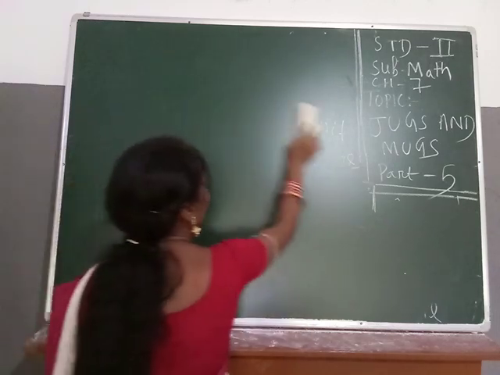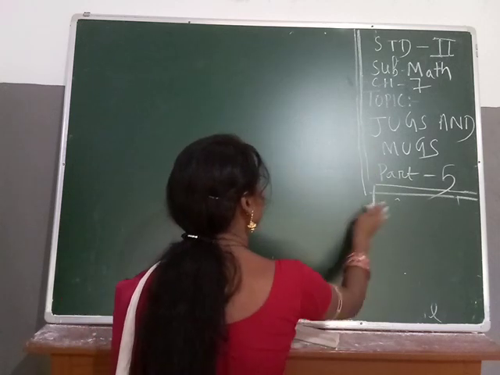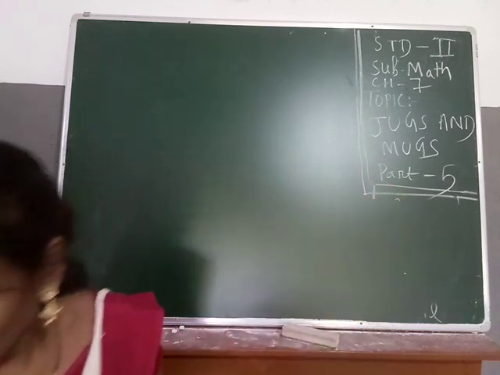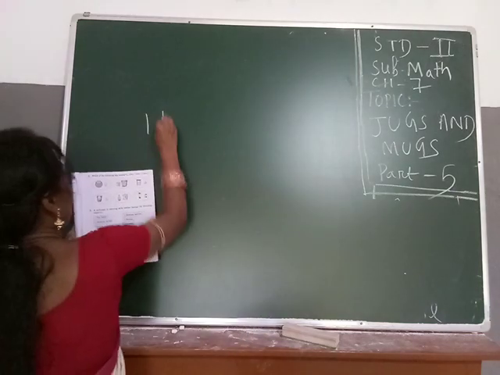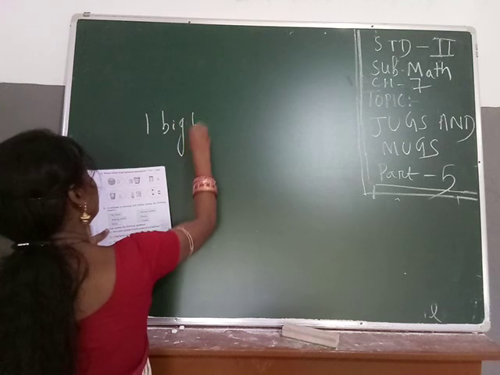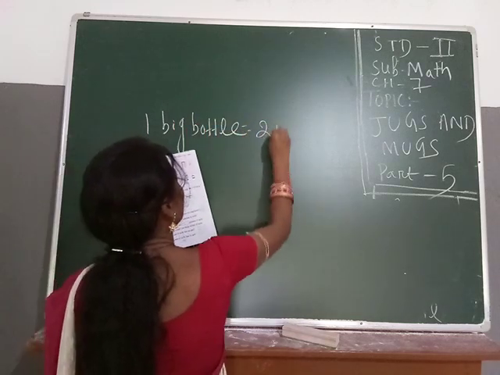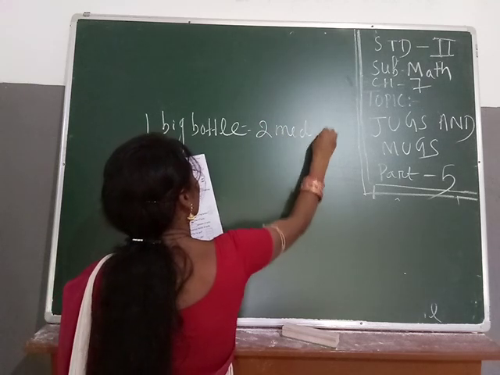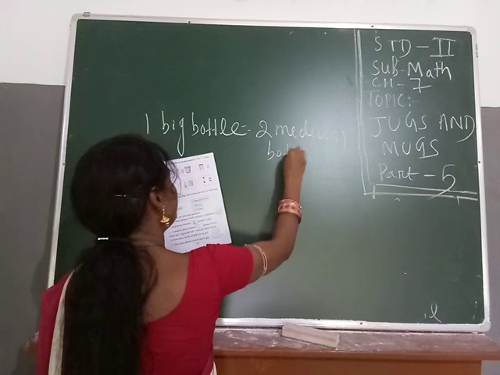Then we will do one question. A big bottle can hold 2 medium bottles.